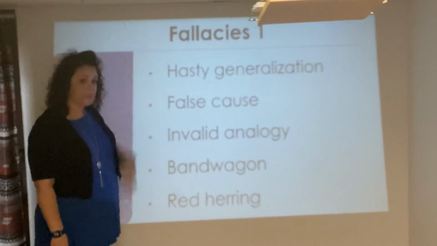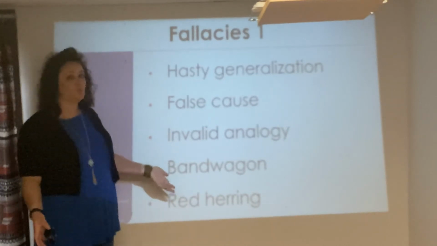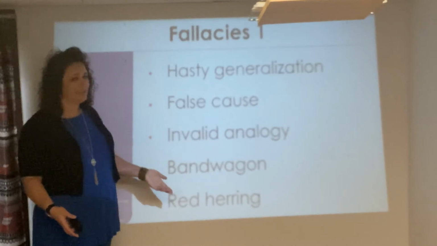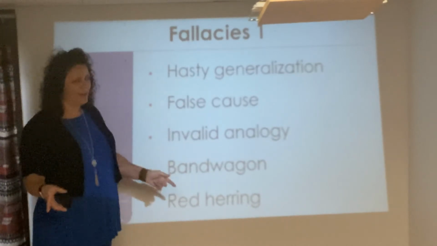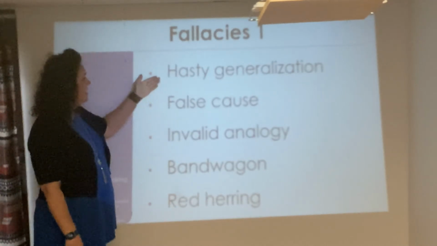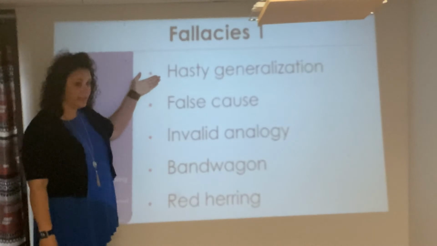These are the fallacies that we've been discussing. What is a fallacy? It's when the reasoning doesn't really make sense. The information that you're presenting is like, ooh, that's illogical. I don't know if those things really go together. So what are some of the fallacies? Hasty generalization is coming to a conclusion too quickly.